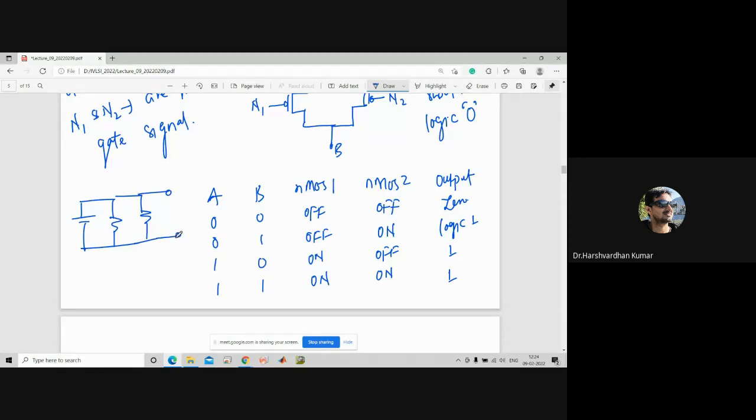If I ask you, R1, R2, let us say this is V, and here V output. So what will the V output be? Can you guess here? For the parallel combination, because all the resistors and the voltage source are connected in parallel, what will be the V out here? V.